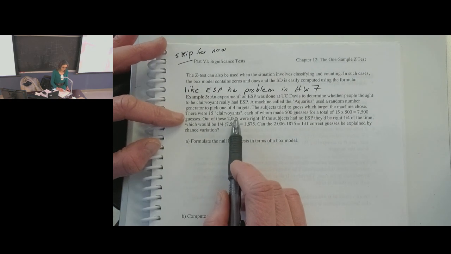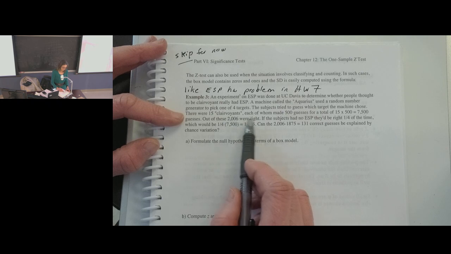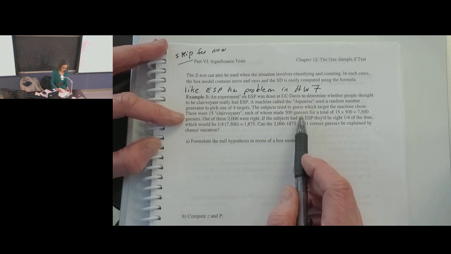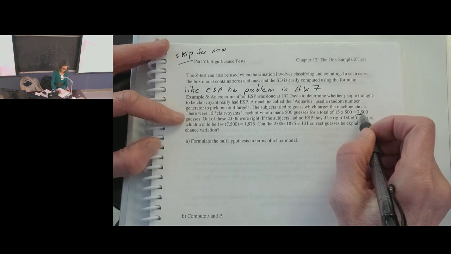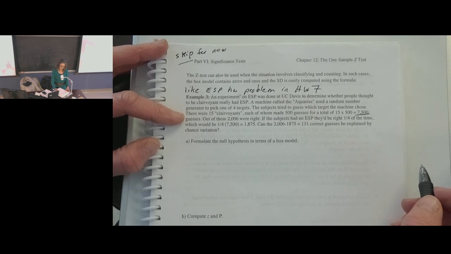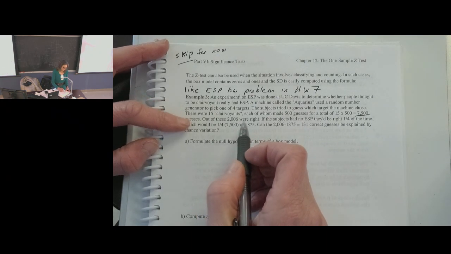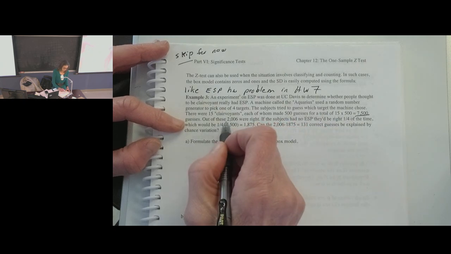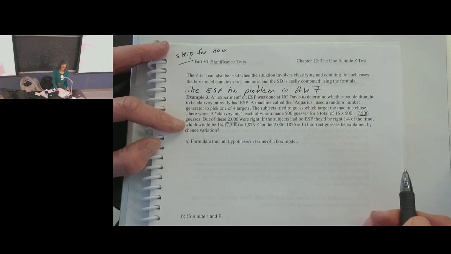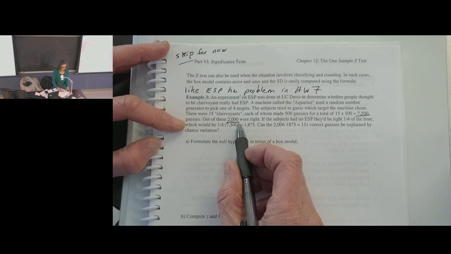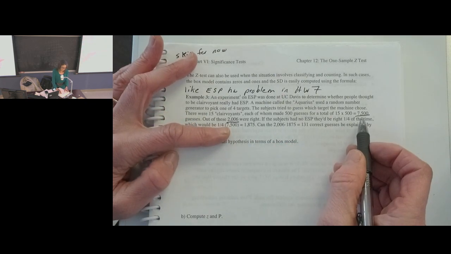And there were 15 clairvoyants, people who thought they had ESP, and each of them made 500 guesses, and so that was a total of, they guessed, 7,500 times. Okay? And out of those, they were right 2,006 times. So they certainly weren't always right.